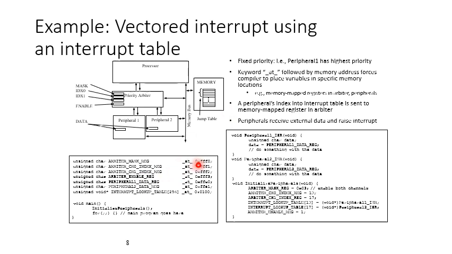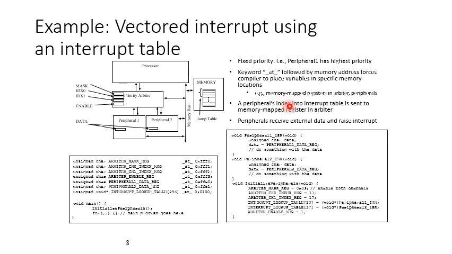So we are placing these variables: arbiter mask, arbiter channel 0, arbiter channel 1, arbiter enable, peripheral 1 data, peripheral 2 data, and the interrupt lookup table. We are saving all these at specific memory locations.